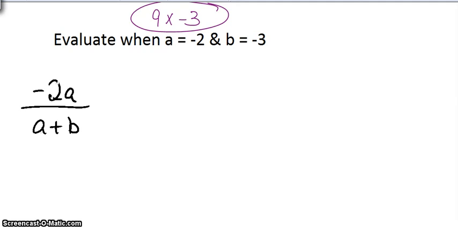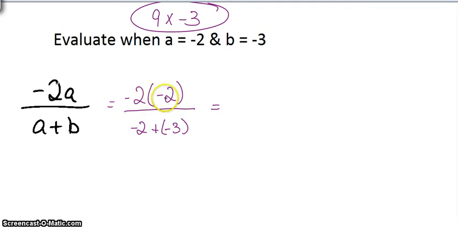Okay, now we're going to evaluate when a is equal to negative 2 and b is equal to negative 3. So I have negative 2 times a, divided by a plus b. So I have negative 2 times negative 2 divided by negative 2 plus negative 3.